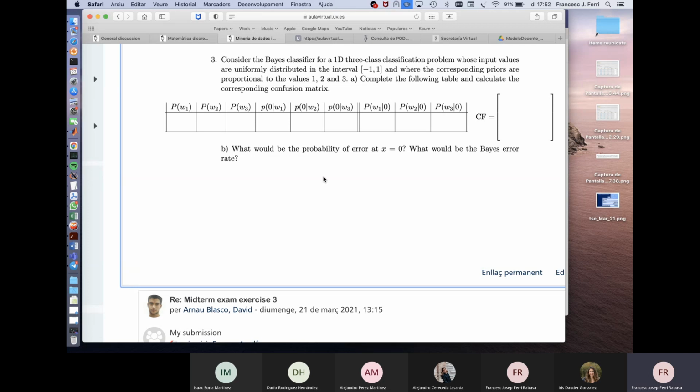So this prior is 3 times as big as this, and 2 times as big as this. And all of them sum to 1. But that's not important. What is more important is that this is the highest prior. So which is the Bayes classifier?